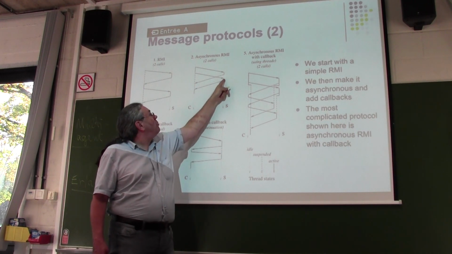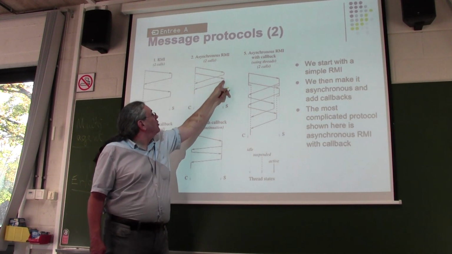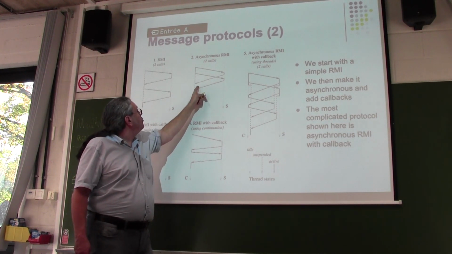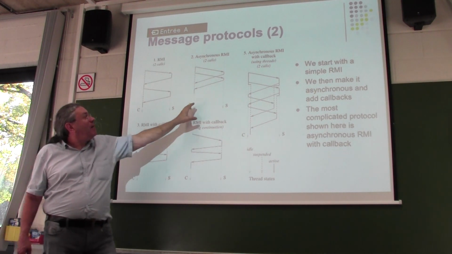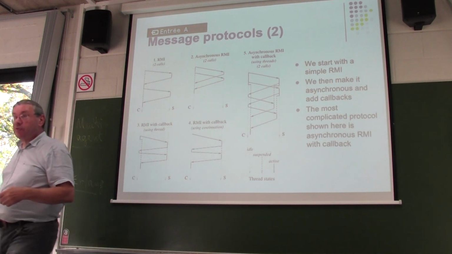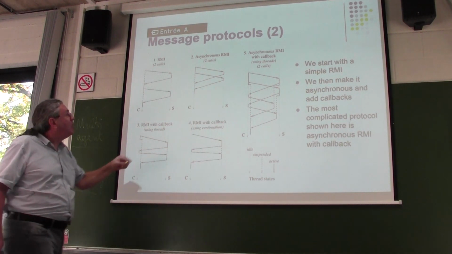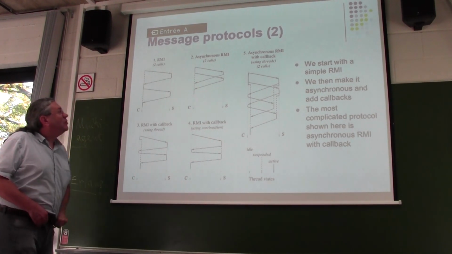And the two messages will arrive at the server, and they will each do the work in order and send a reply. So the two replies will come back in order. So this is assuming that you have a FIFO, first in, first out, connection. That's the assumption that we're going to make. We're going to assume, in many cases, that the connections are FIFO.